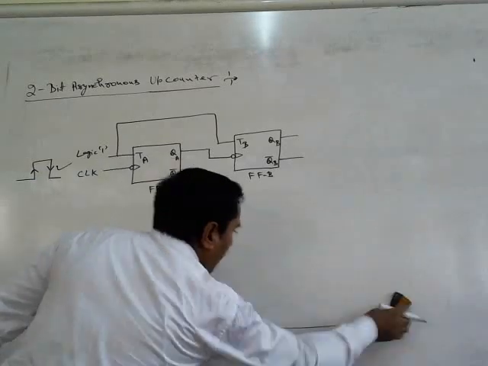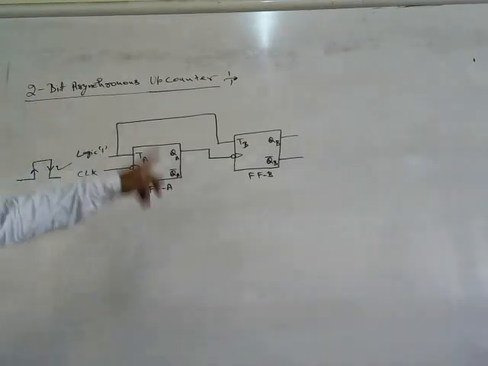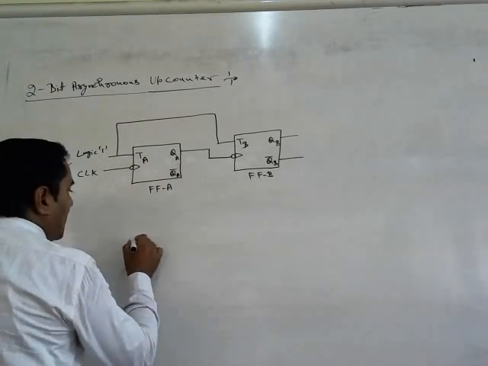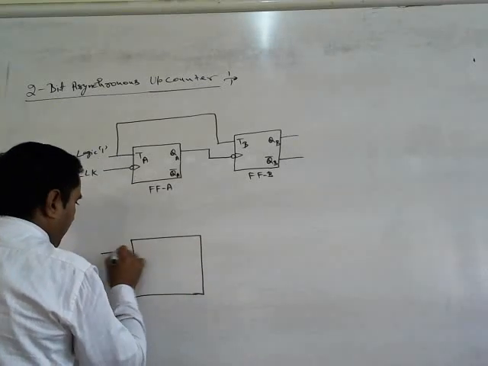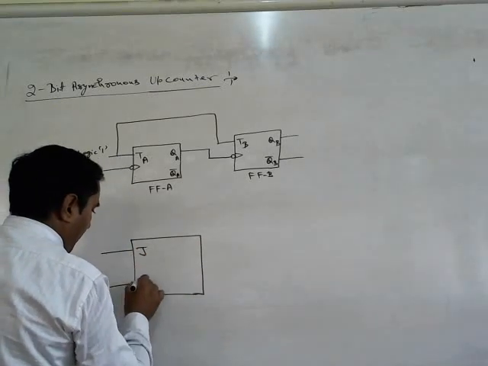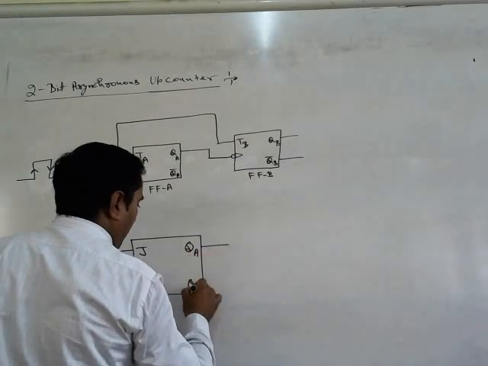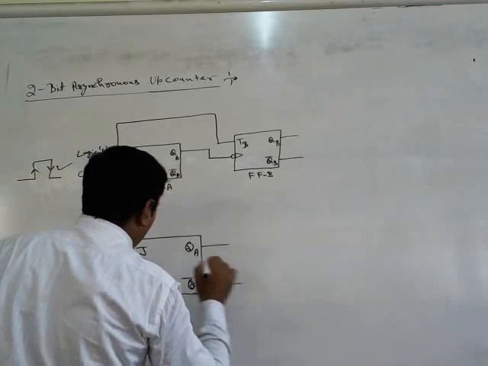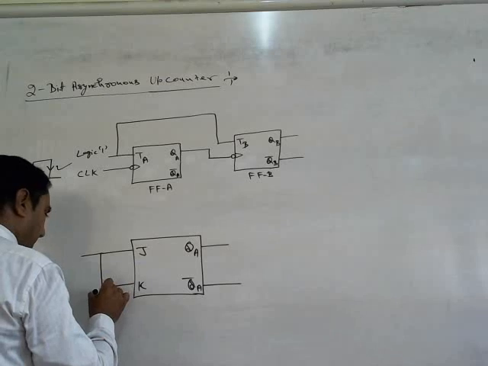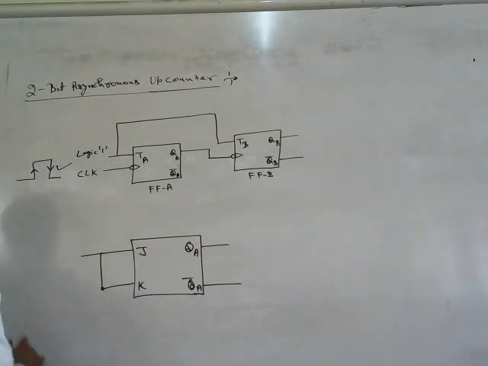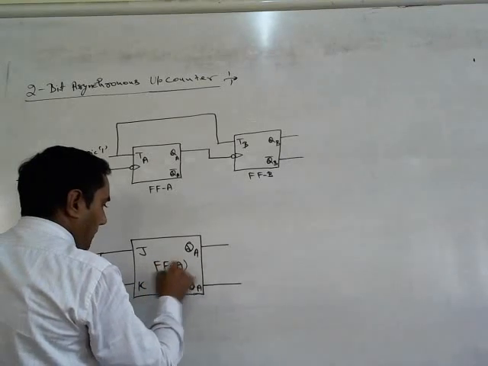So we also develop the 2-bit asynchronous up counter by the help of the JK flip-flop, like this. Both the inputs are shorted here like this, and we make a single link.